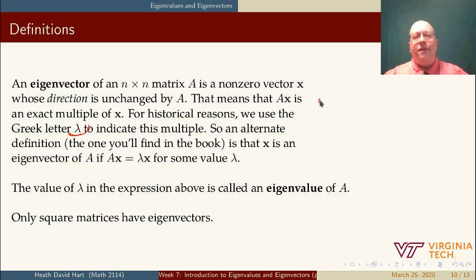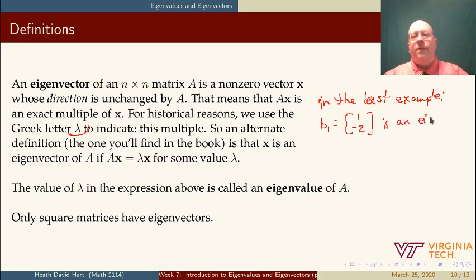So in the last example, the first vector, B1, which was 1, negative 2, is an eigenvector. And it's an eigenvector with an eigenvalue of 2.